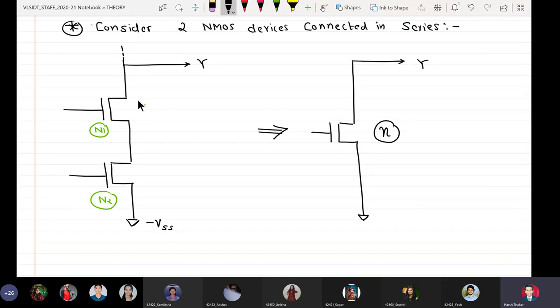So here the effective pull down strength of this series combination has to be equal to n. That means my W by L equivalent of the series connection should be equal to n.